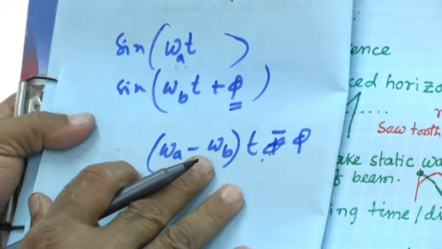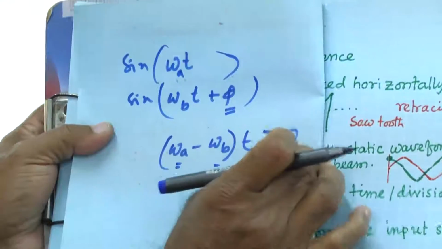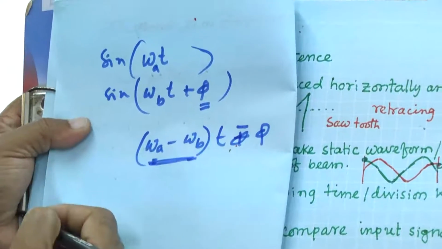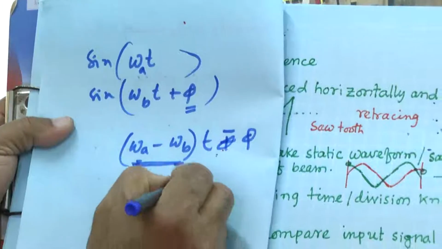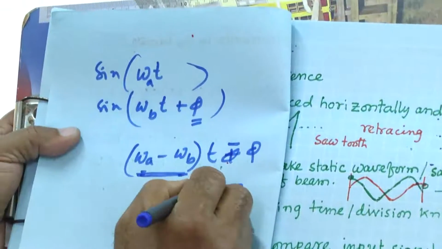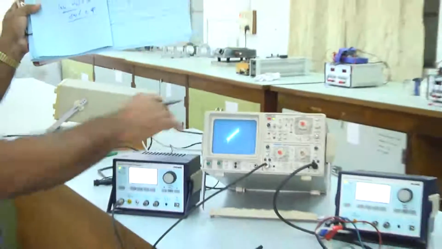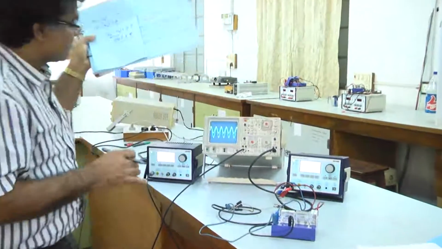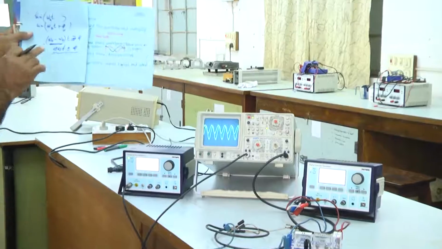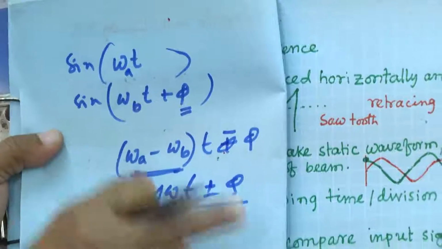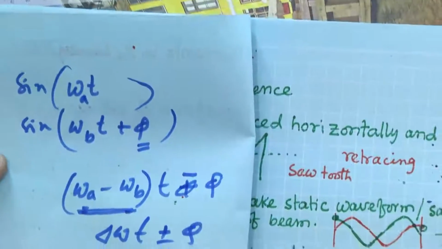When del omega is 0, only then it remains constant. But if a slight difference is there, then it is del omega t plus or minus phi. Since I am using two different sources, I think this omega 1 and omega 2 are not exactly the same.